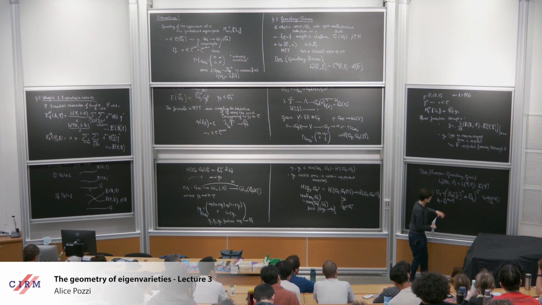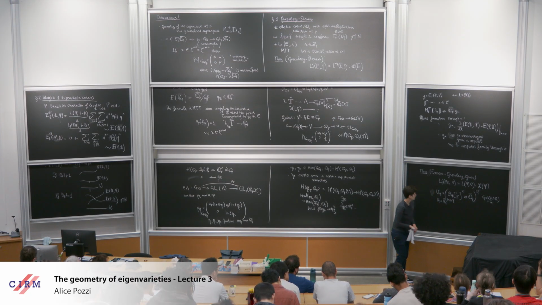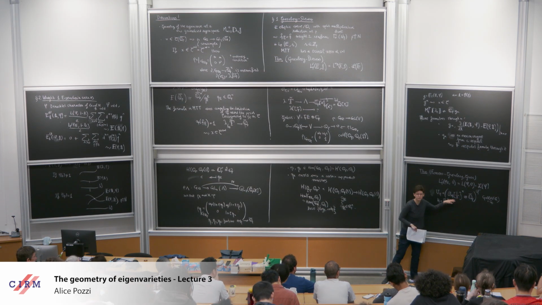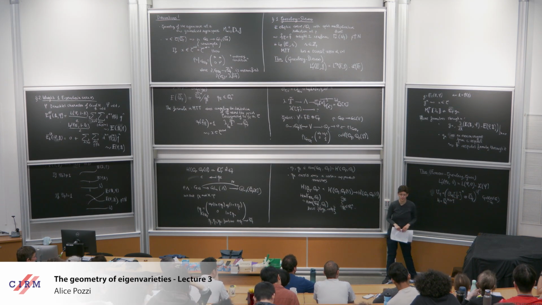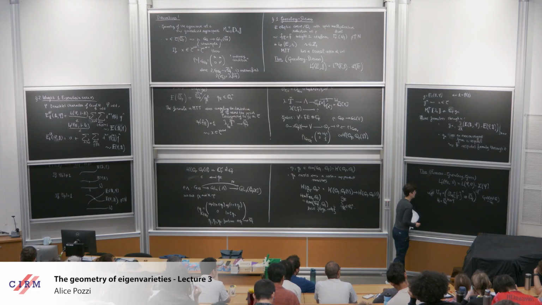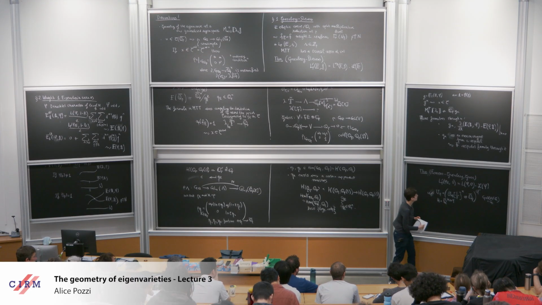One can check, using the Galois equivariant version of Dirichlet's unit theorem, that this is actually a one-dimensional vector space. So I'm going to take a generator, and I want to construct an L invariant out of it.